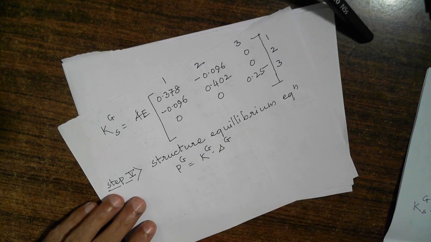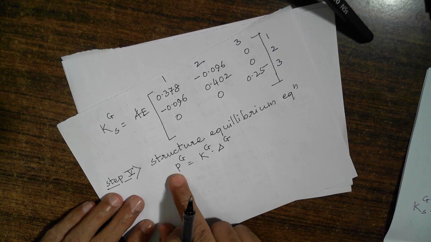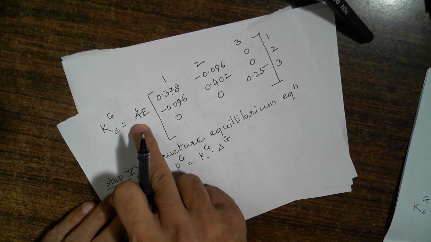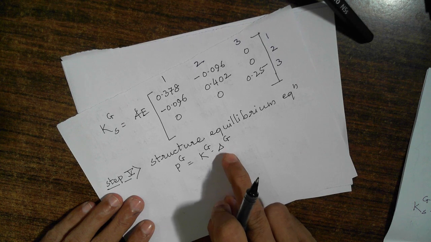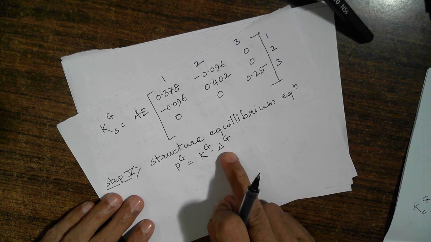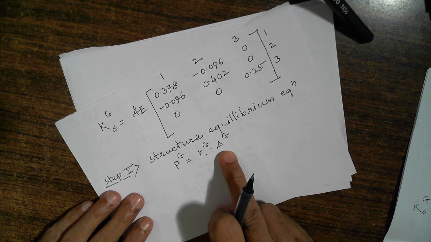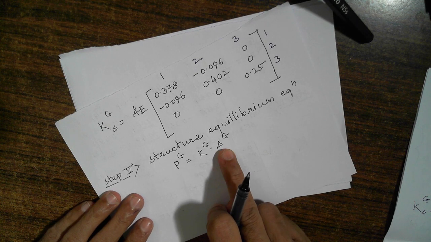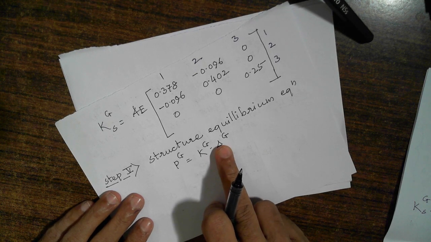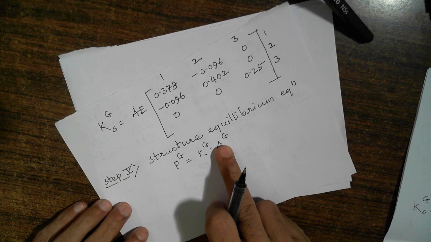P global is known to me. K global I have just calculated for the structure. Only unknown is delta global, and delta global is nothing but the displacement vector. In summer 17 it is asked to find out the displacement vector.